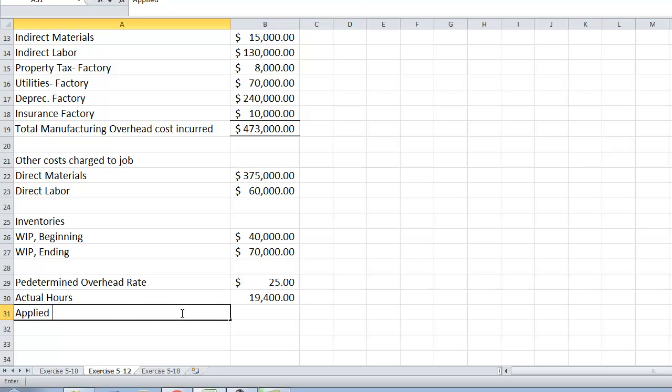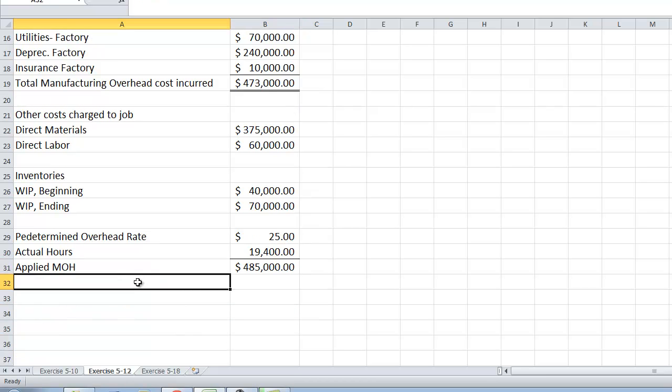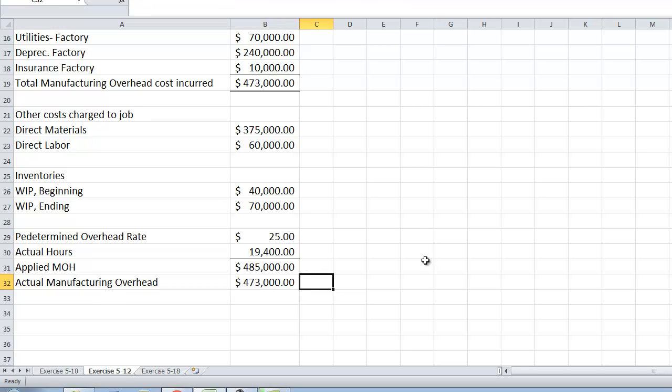So we're calculating the applied manufacturing overhead, which is $25 times the machine hours. And so our applied overhead was $485,000. Actual manufacturing overhead, they gave that to us as 473,000. So underapplied is negative, or overapplied manufacturing overhead equals our applied minus actual.